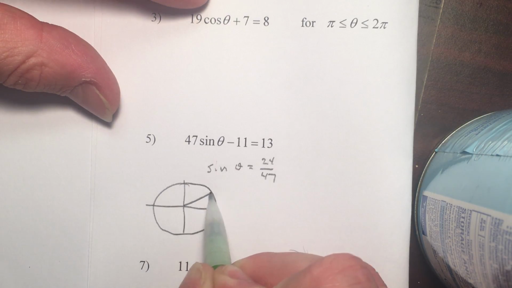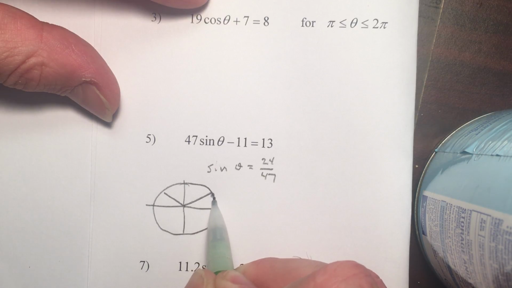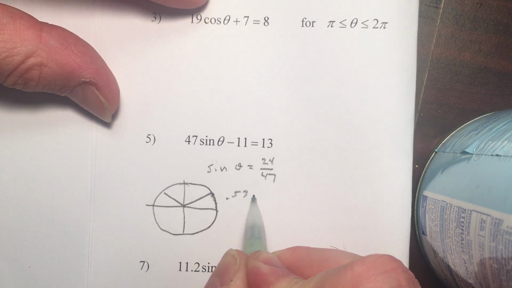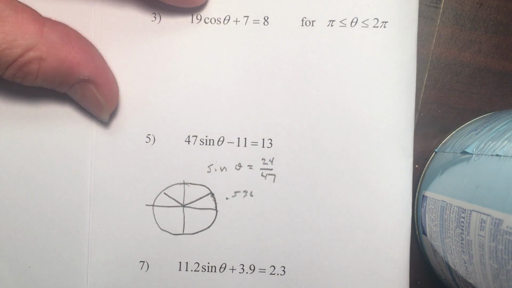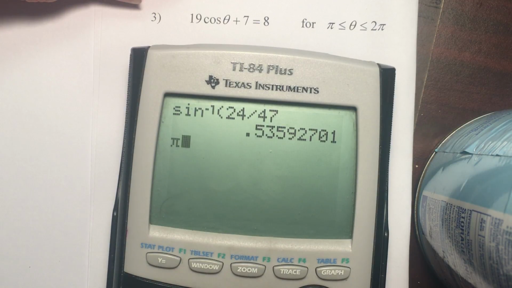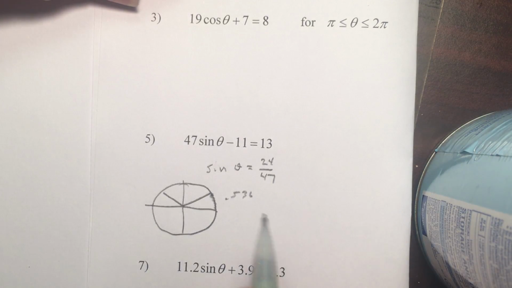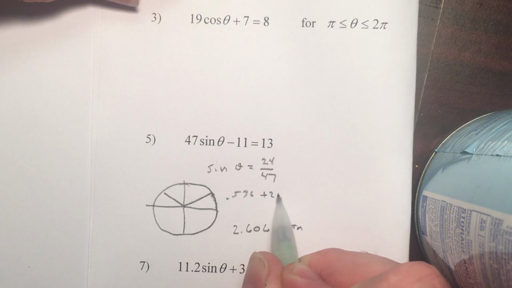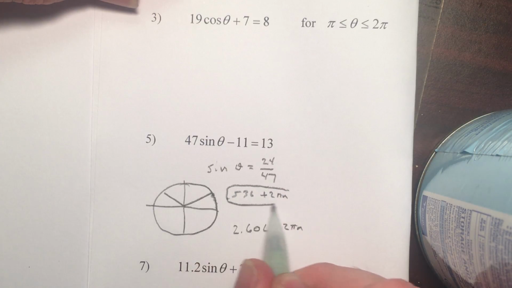So sine is positive here and here. Calculator just gave you that right there, 0.536. And then we would need to find this guy over here by doing pi minus that, 2.606. Stick plus 2 pi n at the end of each of those.